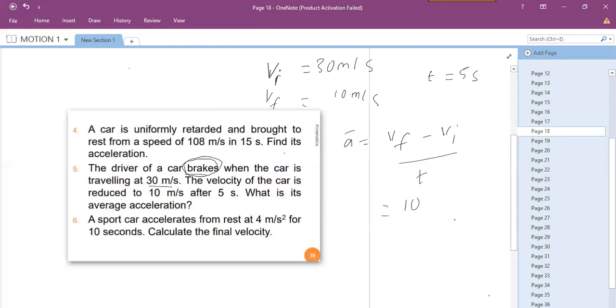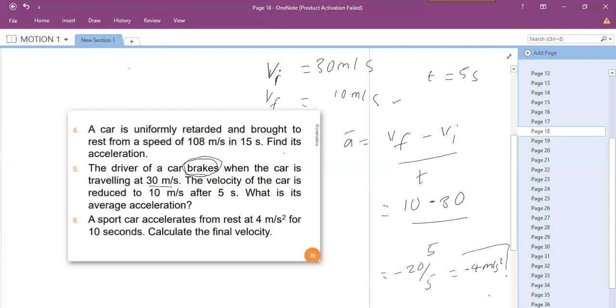So we have to say 10, the final velocity, minus the initial velocity before the driver hit the brake, which was 30, divided by a time of 5 seconds. If we subtract this, we get minus 20 over 5, and we're going to get our acceleration as negative 4 meters per second squared.